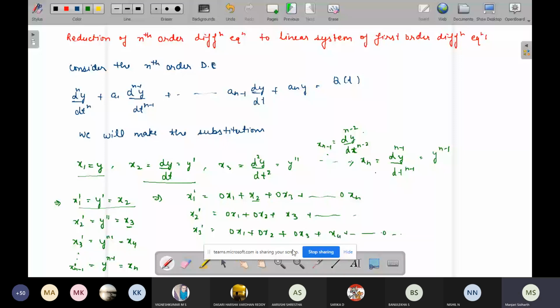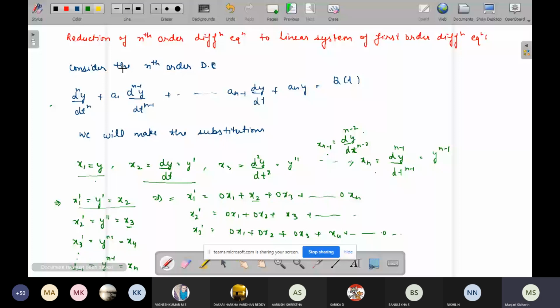That means by making this type of substitution, you will get the first order system. See, it was an uncoupled equation that you can solve with any method, like the method of undetermined coefficients, or you can use the auxiliary equation method, right? But if the question is to first reduce it to a system of equations, then solve it by matrix method, that means you need to make these assumptions.